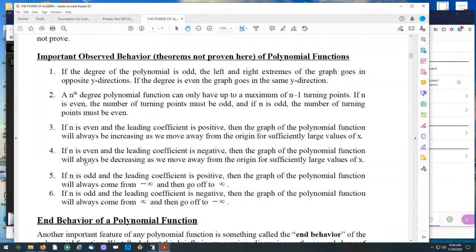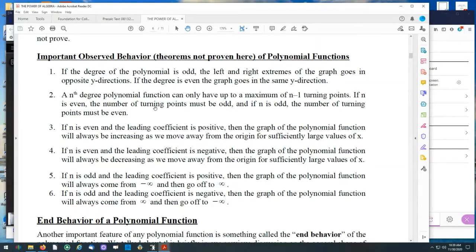Okay, that's the end behavior. If the degree is even, the graph goes in the same direction. So if it's even and you have a positive coefficient in front of the leading term, everything's going to go to plus infinity. If you have a negative coefficient in front of that leading term, everything goes to negative infinity if it's even. If it's odd, it does the opposite.